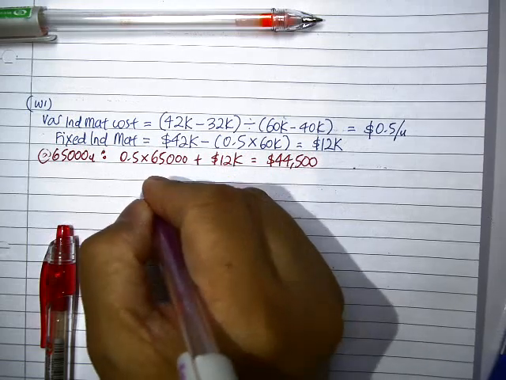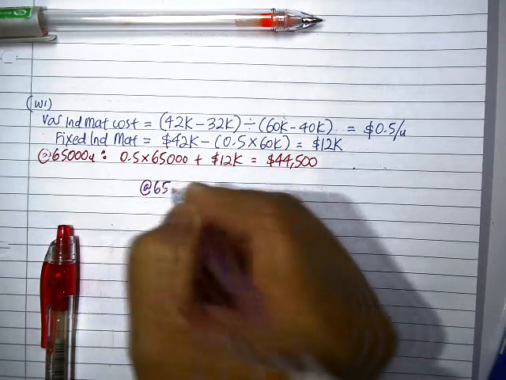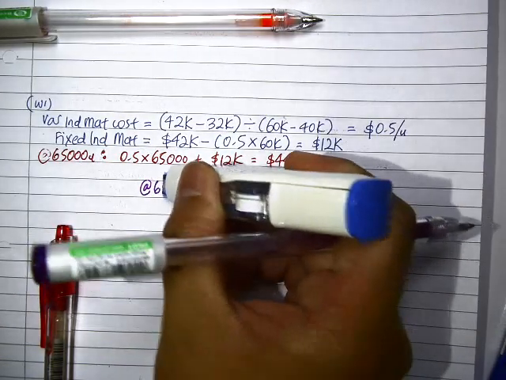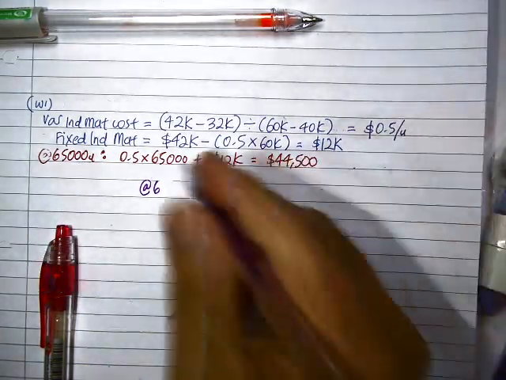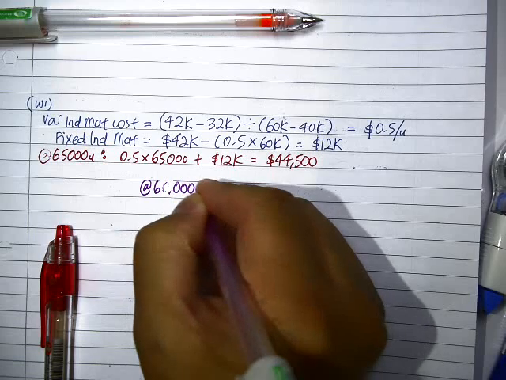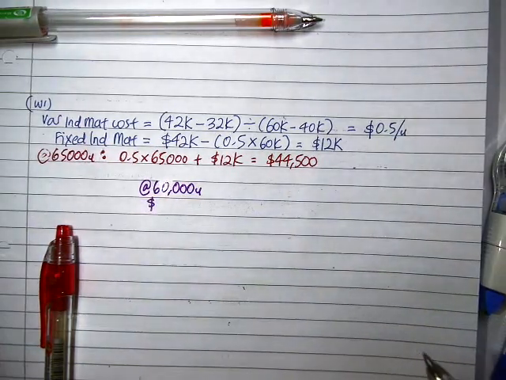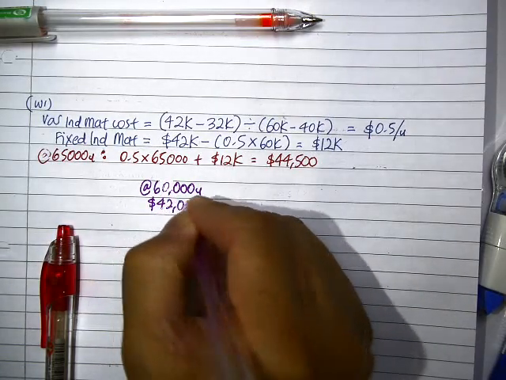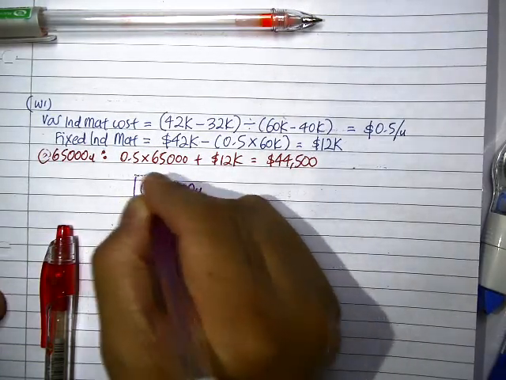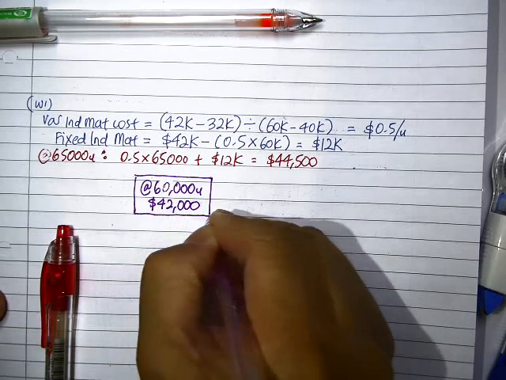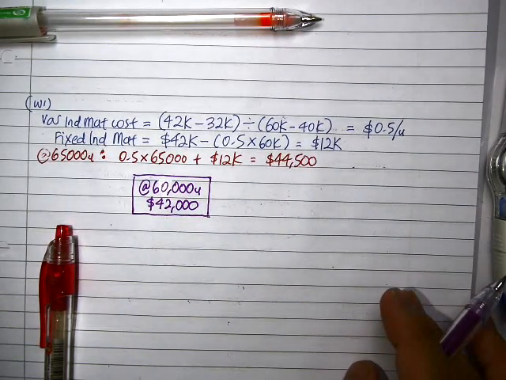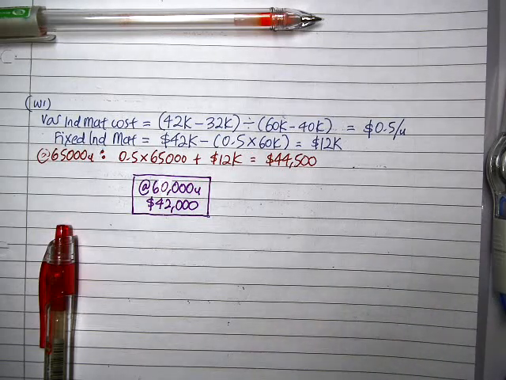Right now at 60,000, the cost is already given as 42K. Agree? It's already in the table there. At 60,000, the cost is already 42K.